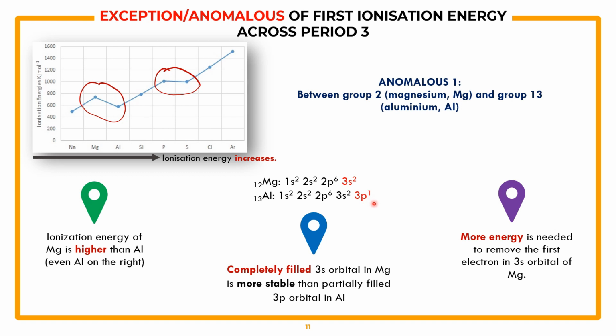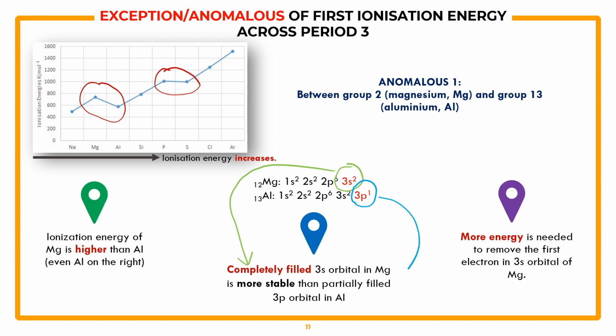So as you can see, in the outermost orbital of magnesium, kita ada 3s2. So for 3s2, this arrangement is so-called a completely filled 3s orbital. Meanwhile, in the outermost orbital of aluminium, we have 3p1.